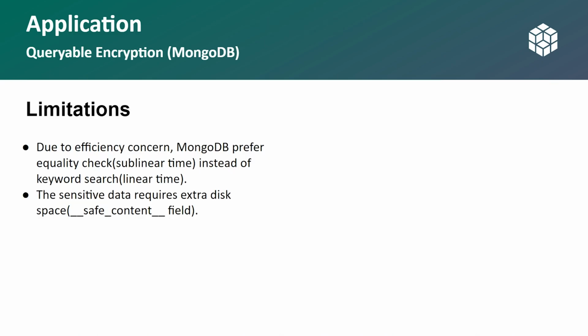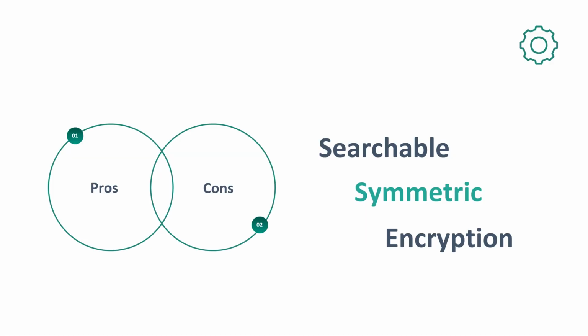The system above is great at protecting confidentiality, but there are some limitations. Firstly, the query only supports equality check instead of keyword searching, which makes it less flexible. Secondly, use of the above system costs more memory than the normal database setup. Now we'll discuss the pros and cons of SSE.